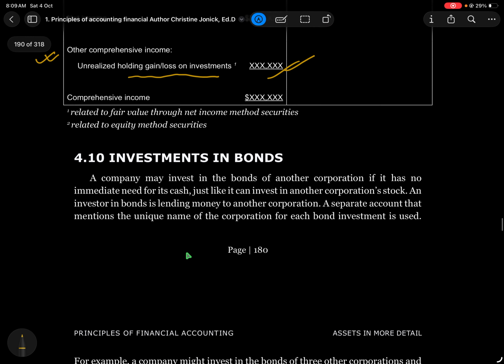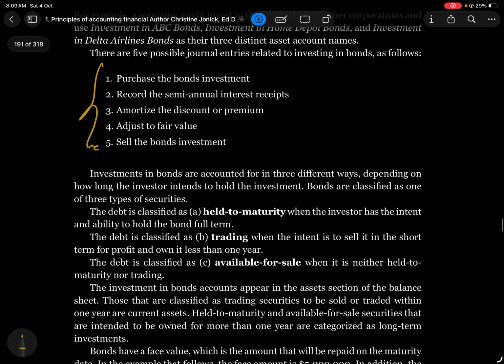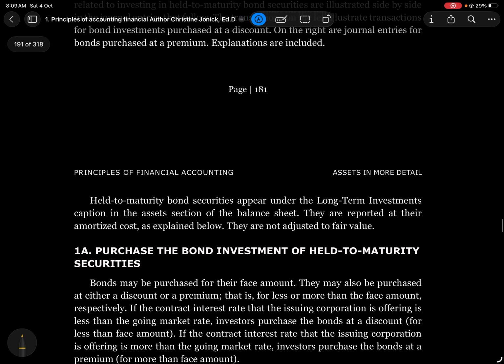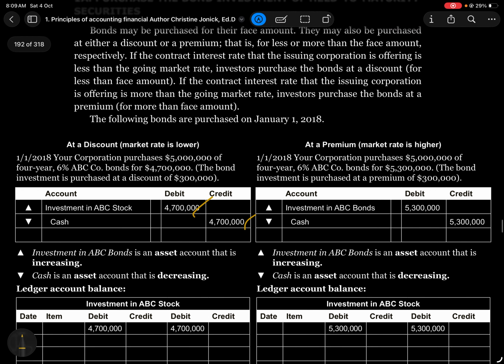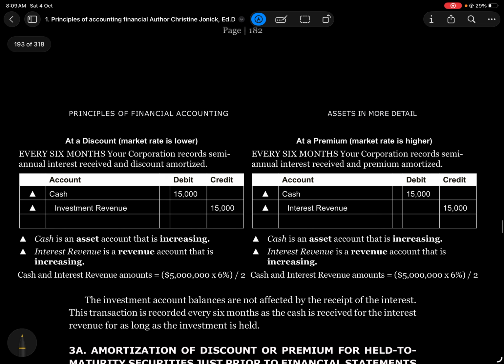Similar to that, there is investment in bonds. Whenever we get any interest, we recognize the interest income. We might have to amortize, adjust the fair value, or sell the bond investment. So when the investment is made, we credit out the cash. When we receive any interest, we debit cash and credit investment revenue.